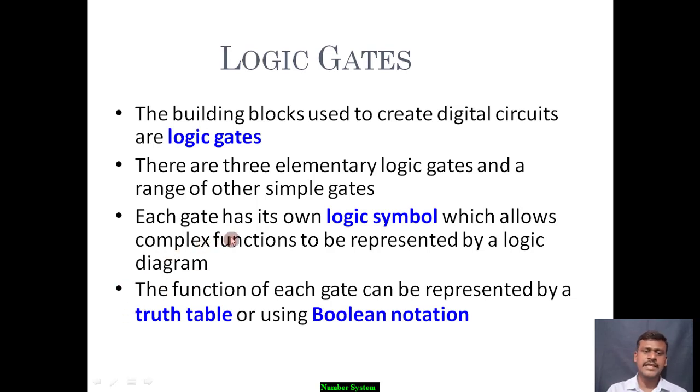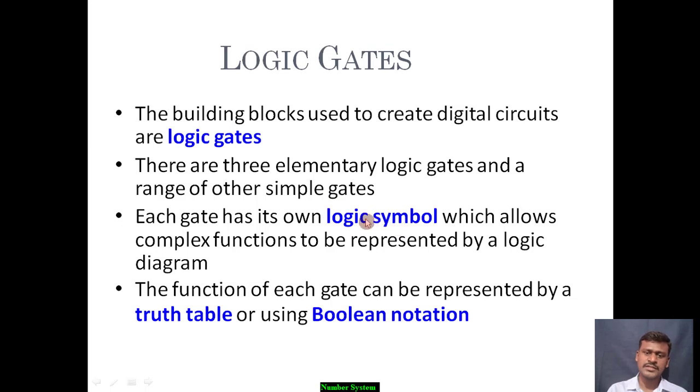Next, each gate has its own logic symbol which allows a complex function to be represented by a logic diagram. Whenever you encounter a complex function in a computer program, that function will be represented using a logic diagram by taking the logical symbols, right?